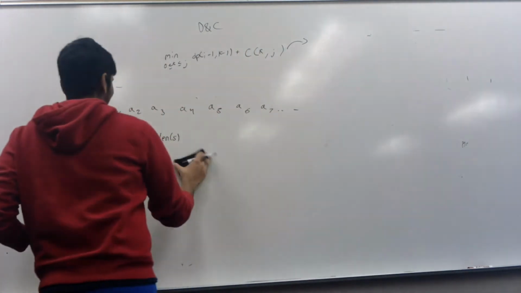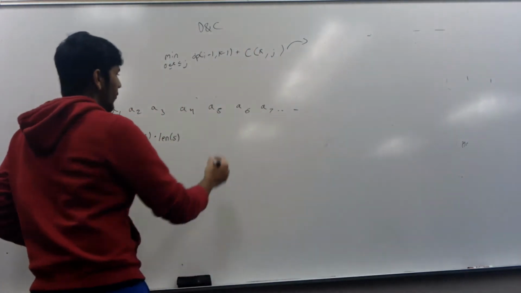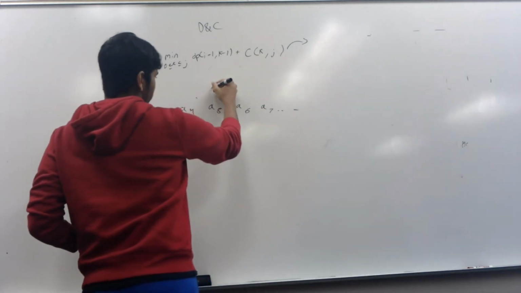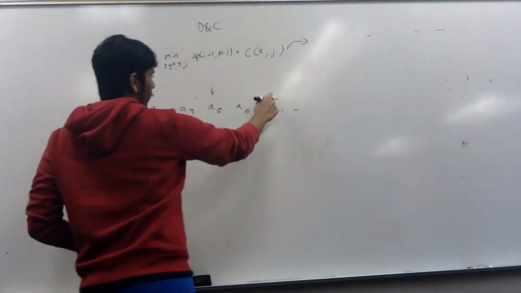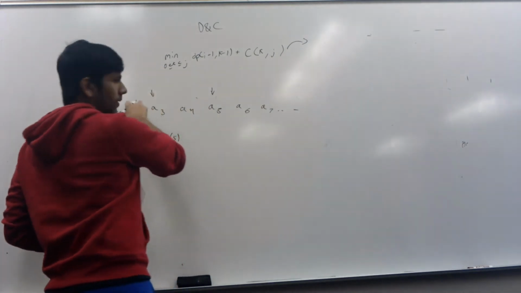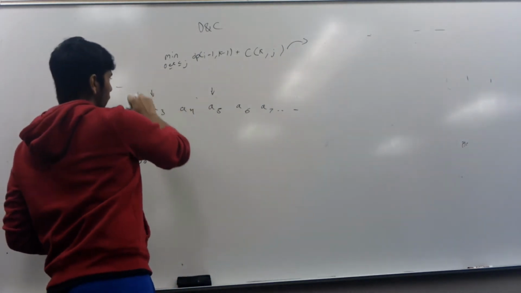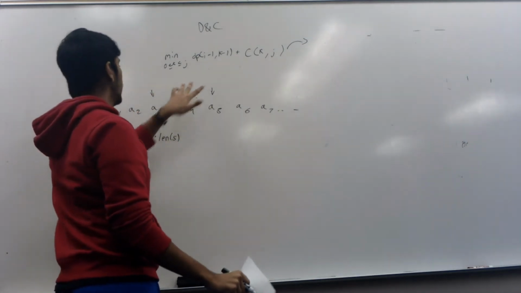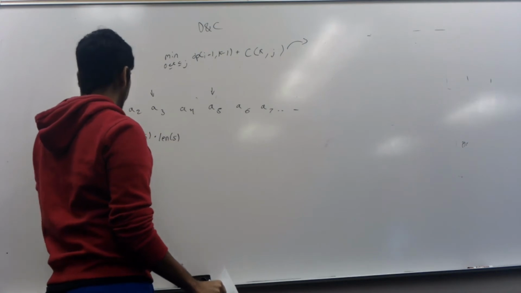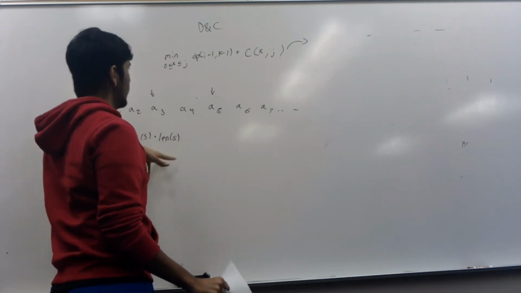Right? So if we know our optimal transition from this guy, if we know it's here, will this guy's optimal transition ever be going back from this? And let's say we want to maximize this function instead of minimizing.